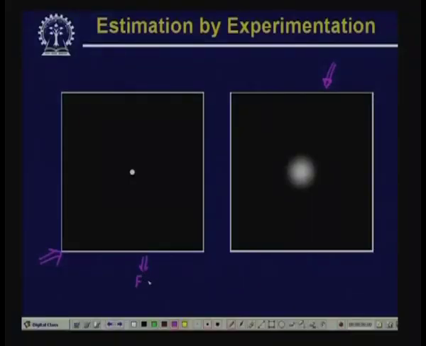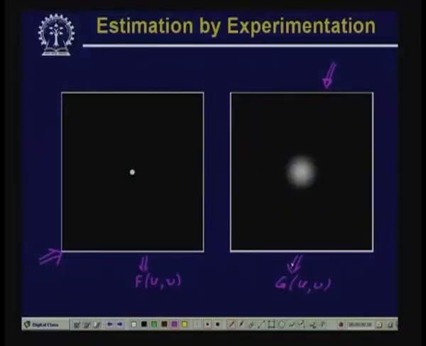Now, if I take the Fourier transform of this, it is going to give me F(u,v), and if I take the Fourier transform of this, it is going to give me G(u,v). Because the original input is an impulse, its Fourier transform is a constant.